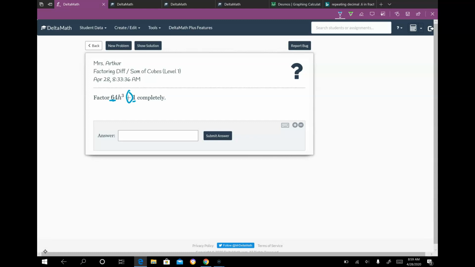So, the sum of cubes formula is x plus y times x squared minus xy plus y squared. Okay? I wish I didn't run into the question mark there.